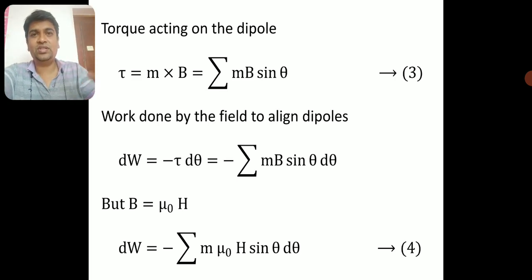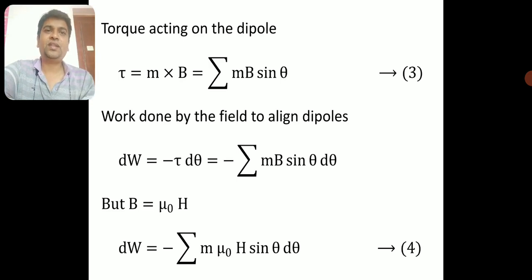This is a torque acting on the dipole, and the dipole is actually rotating, not displacing. The dipoles are orienting, meaning the dipoles are rotating. Therefore I write dW as tau d theta, so if I consider all the dipoles, it is minus sigma mB sin theta d theta.